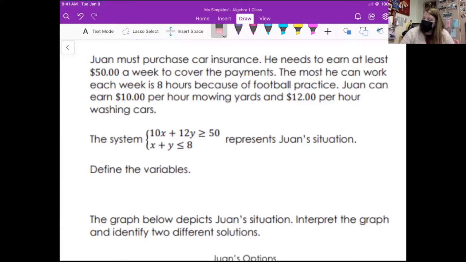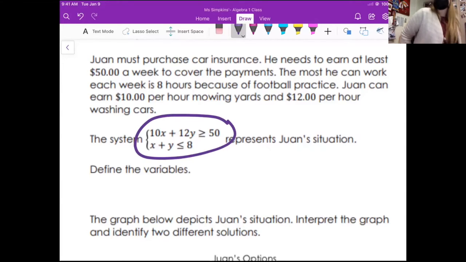Juan can earn $10 per hour mowing lawns and $12 per hour washing cars. So they made our two inequalities for us. The first inequality is how much money he's making. The second inequality is just dealing with the hours that he's working. So we have a money inequality and an hours inequality.